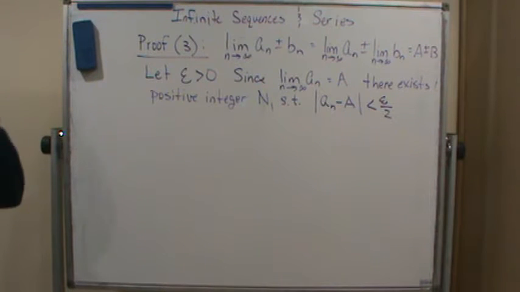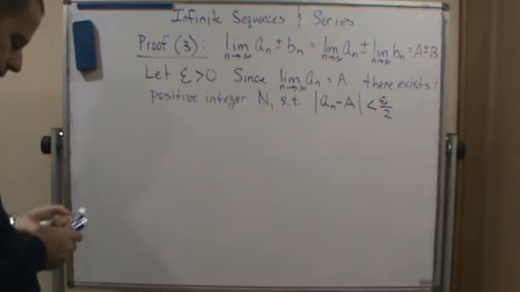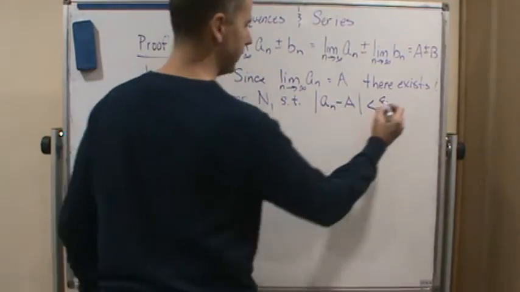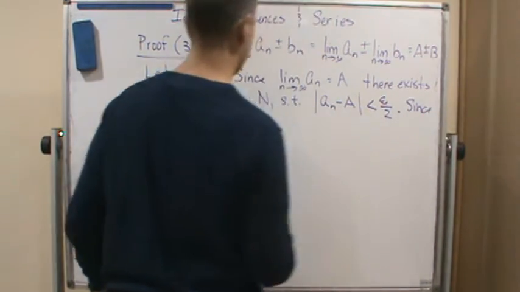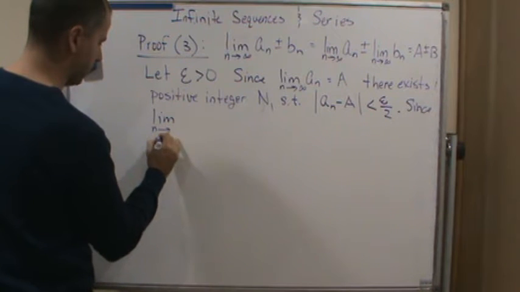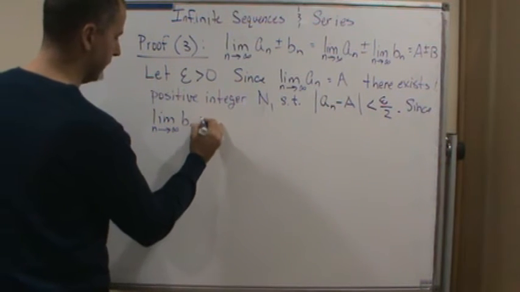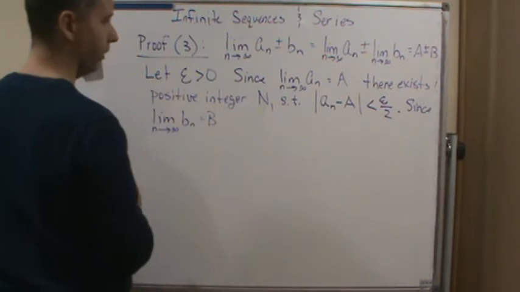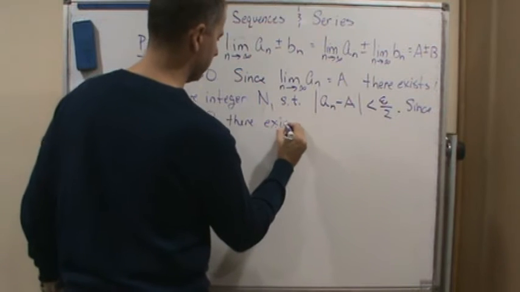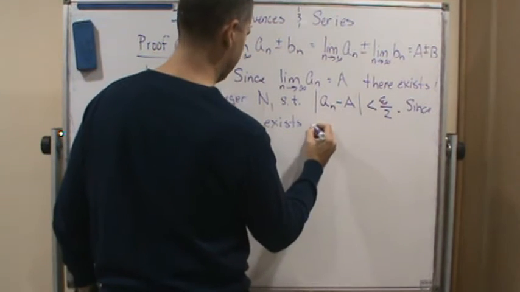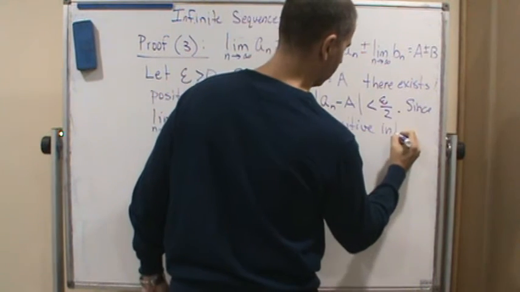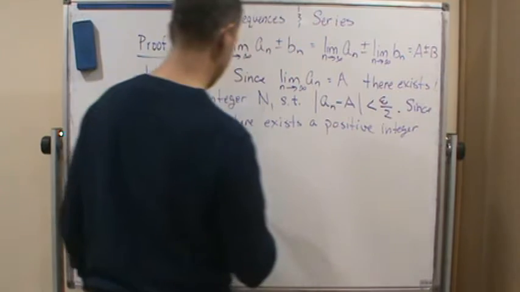Okay, so now what do we also know? We also know that since the limit as n approaches infinity of b sub n equals b, there must exist a positive integer n2.